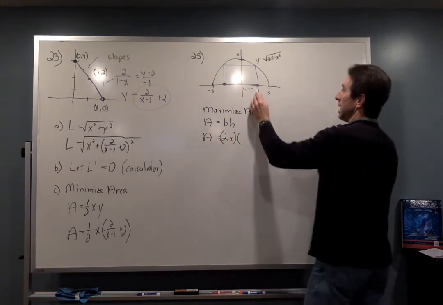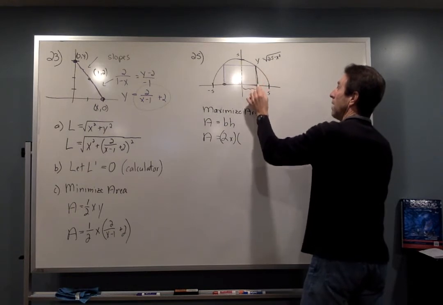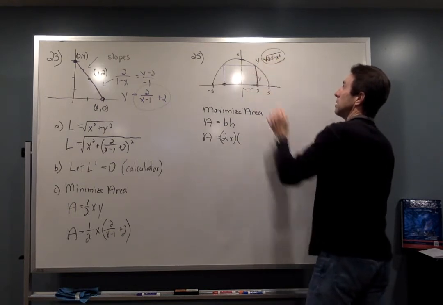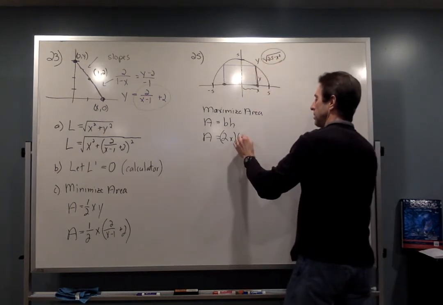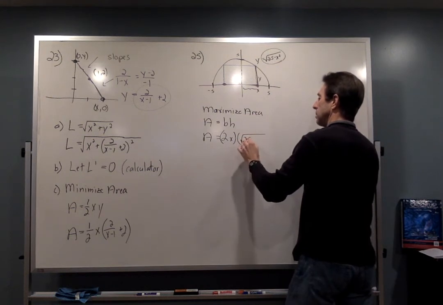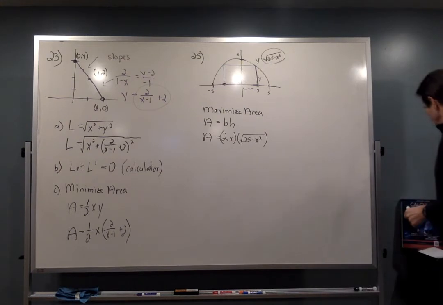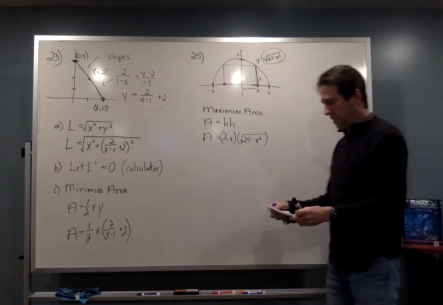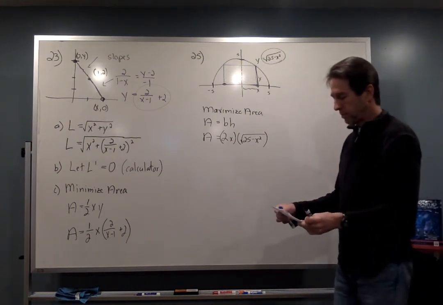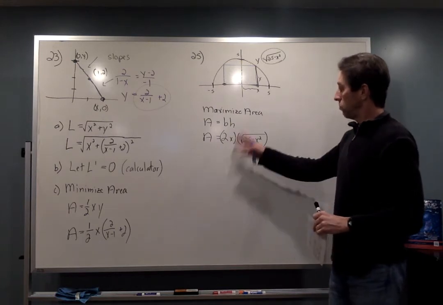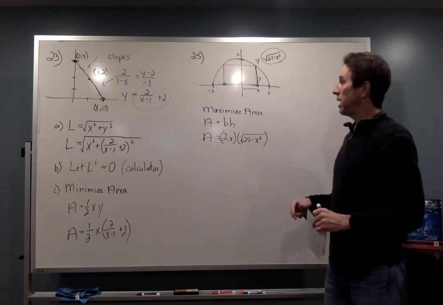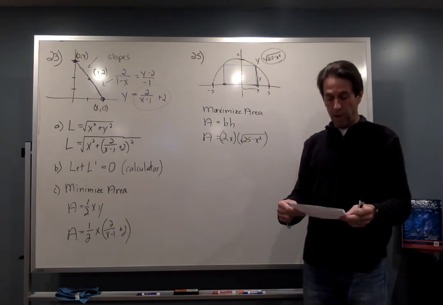The height of the rectangle is basically the y value, but the y is the same thing as radical 25 minus x squared. So what we end up with is a function that we can now differentiate. Set it equal to 0, find the x value that's going to give us the biggest possible value.